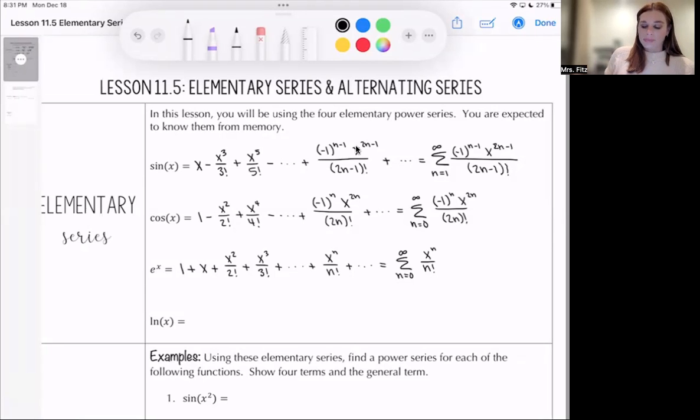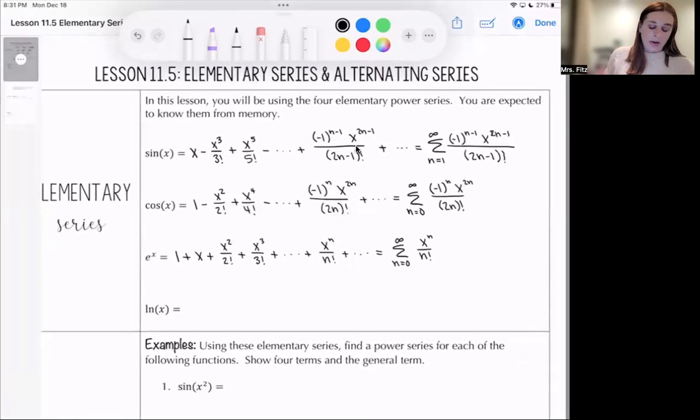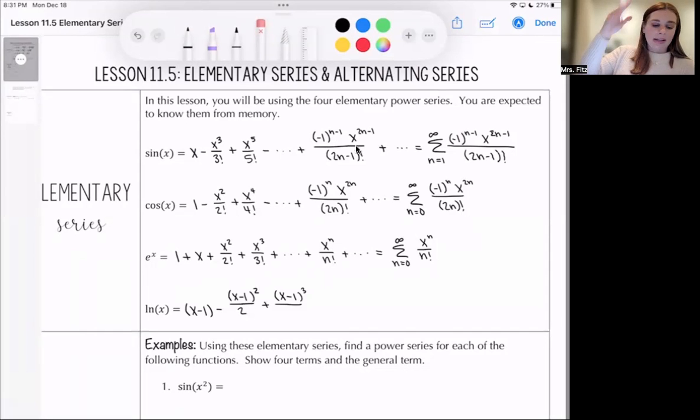And so natural log of x, we get our first term as x minus 1 minus x minus 1 squared over 2 factorial plus x minus 1 cubed over, well, it is 2 factorial, but you end up with a cancellation.